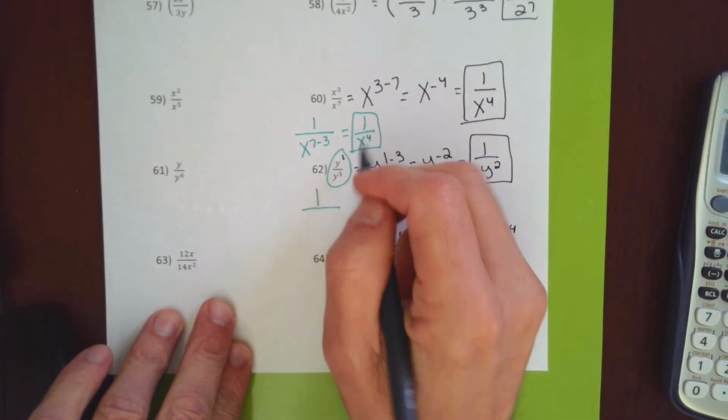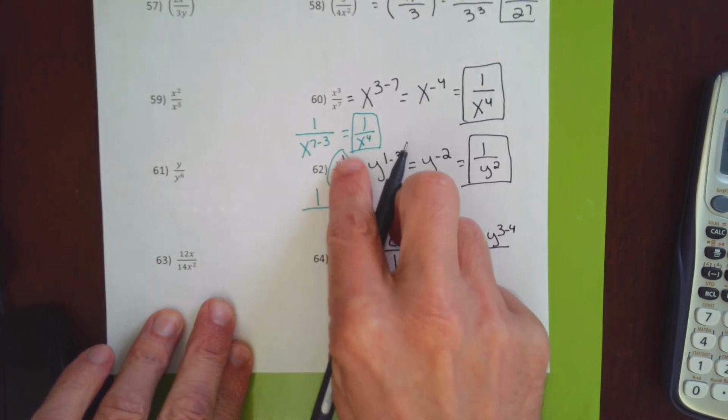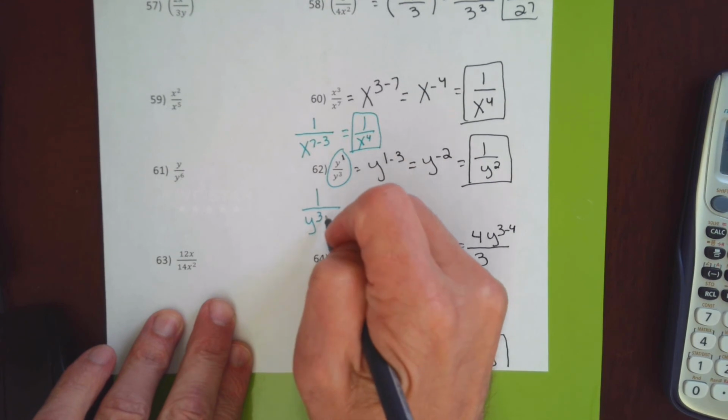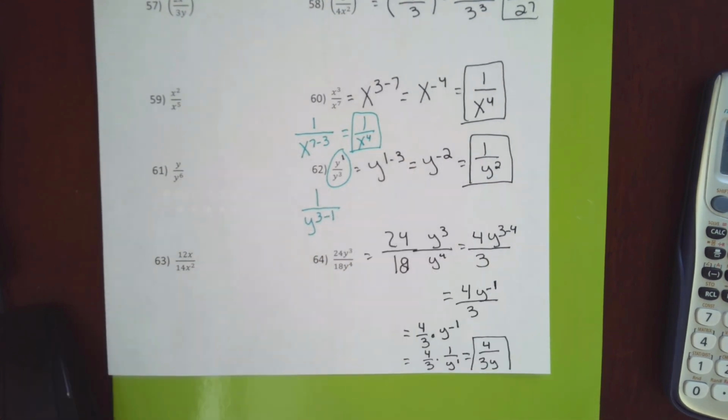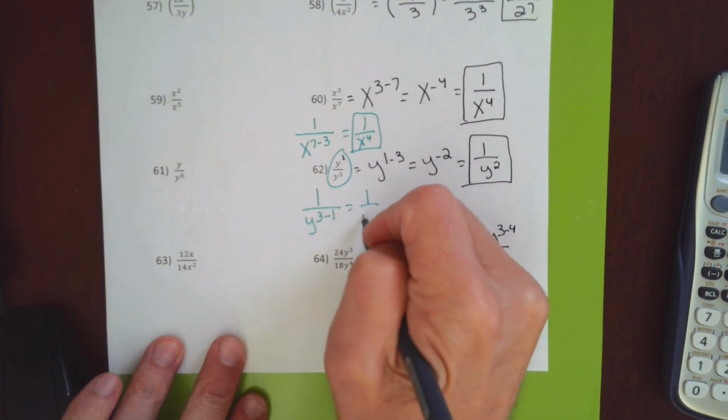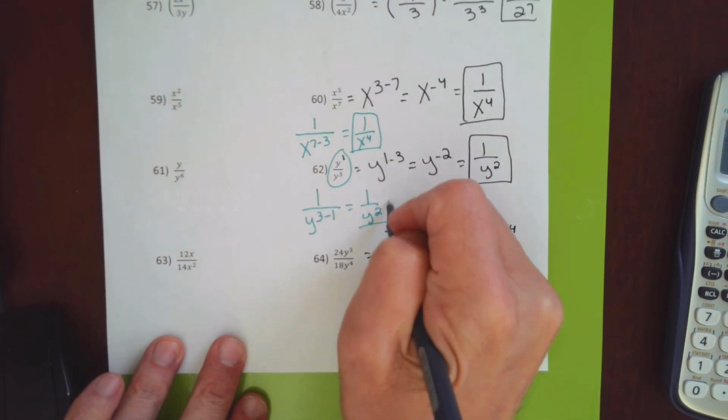I look at the problem. If it's a fraction and I'm dividing with letters, if the bigger exponent's in the denominator, I do the subtraction big minus small in the denominator, leave the letter in the denominator, write a 1 in the numerator. That's an alternate way to get to the answer.